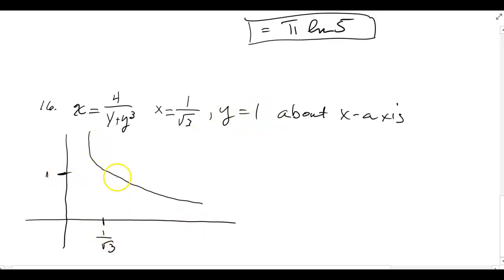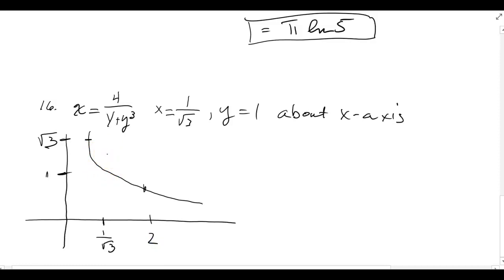When I plug in 1 over radical 3, I actually get radical 3 up here. And then when y is 1, it comes out to 2.